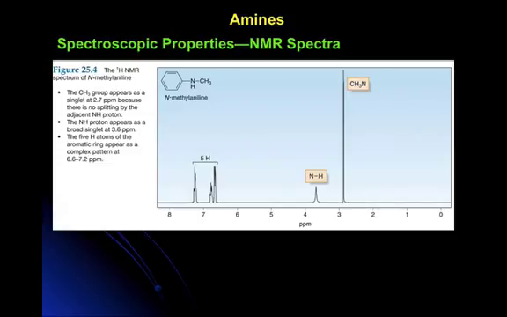And you would think that this, having 3 neighbors, should appear as a quartet, but it appears as a broad singlet. What do you remember about hydrogens attached to heteroatoms from the NMR chapter? They don't split, sometimes, actually quite frequently. But why?